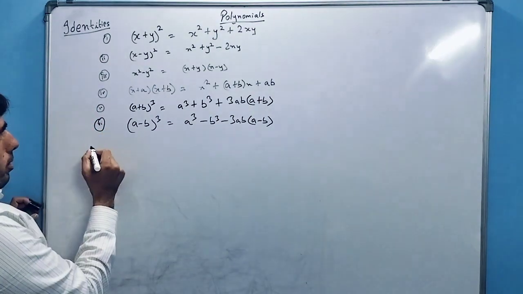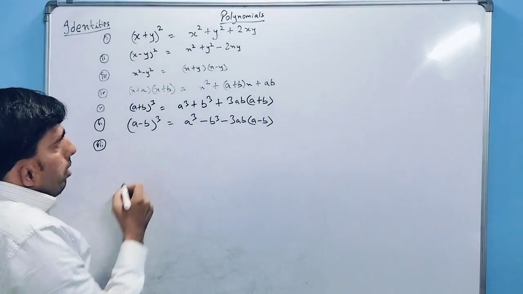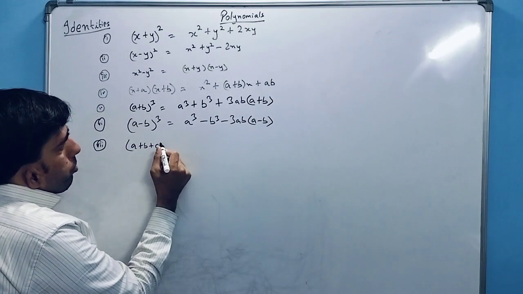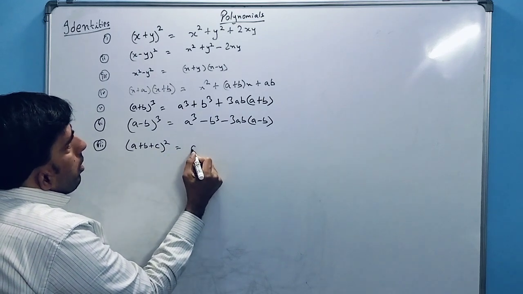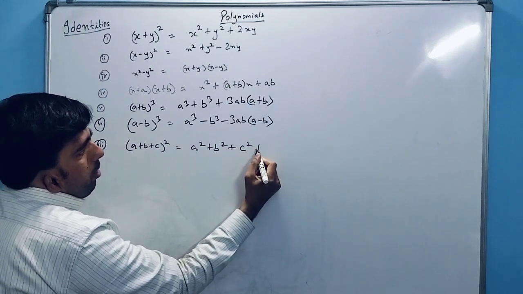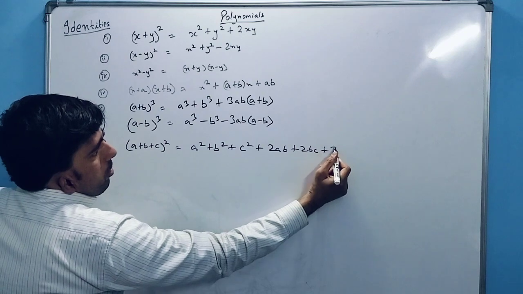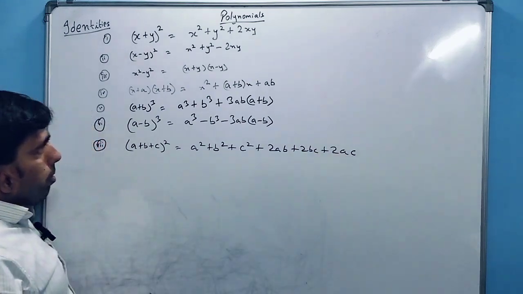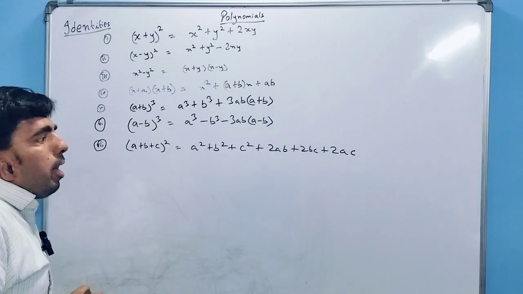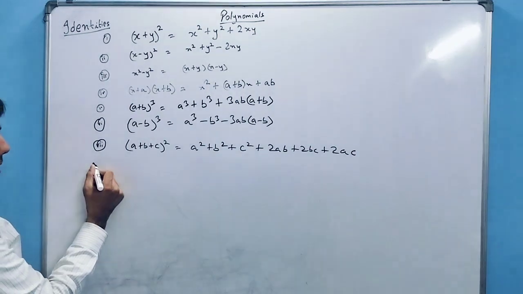Okay, now the next identity is (a plus b plus c) whole square. It will be a square plus b square plus c square plus 2ab plus 2bc plus 2ac. So these are the identities which we will apply in numericals. Let us move further.